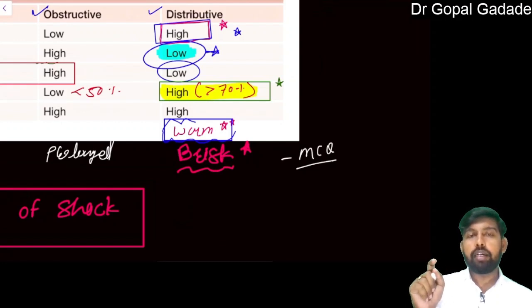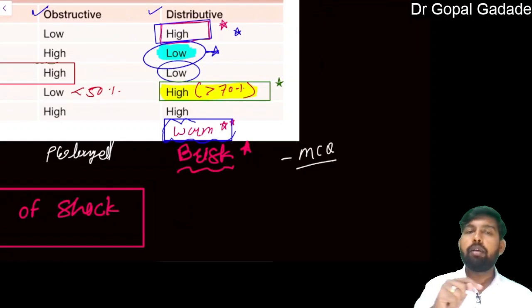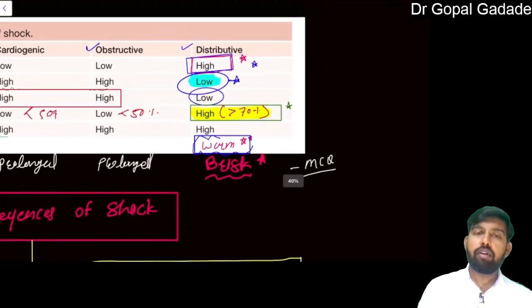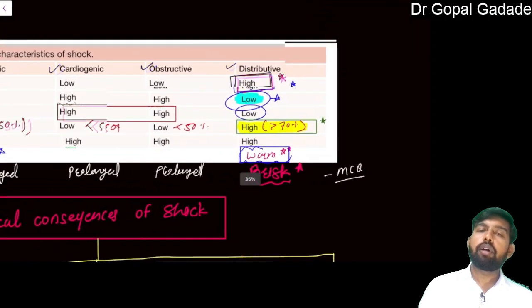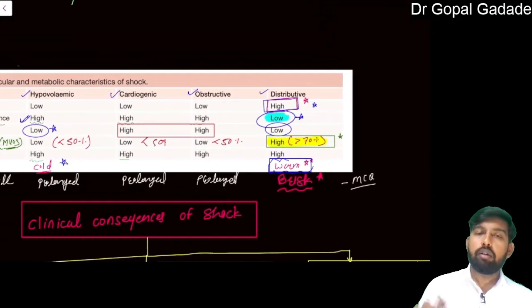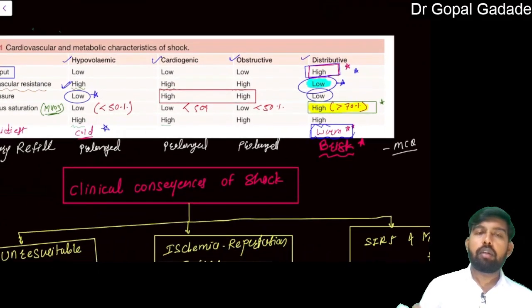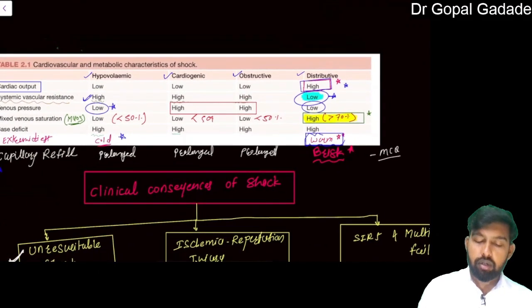The blood volume at the cellular level is normal. The problem is the utilization of the available blood. So capillary refill in distributive shock is brisk, or decreased. In other types of shock, the capillary refill is prolonged.